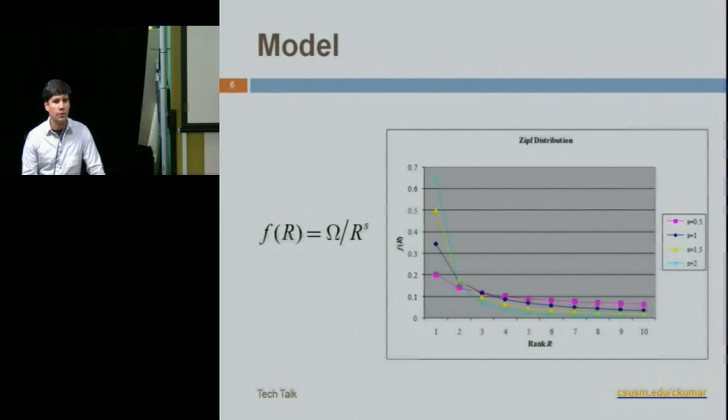So would anyone like to guess, based on the Zipf distribution, what is the most requested word in English? Any other guesses? Actually, that was a trick question. That is correct, absolutely the correct answer. So "the" is the most requested object in the English language, and it is about 7% of the time.